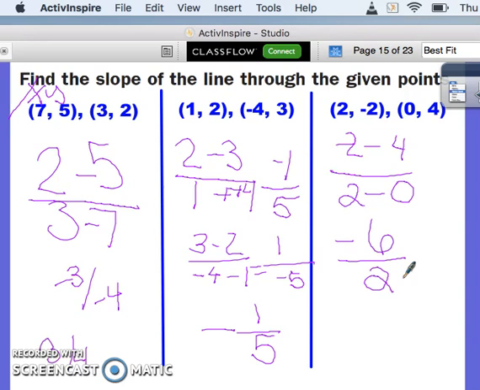Now this can be reduced down. Negative 6 divided by 2 is going to give me a whole number, so I can simplify it down to negative 3. I can check my answer in a calculator if I want to.